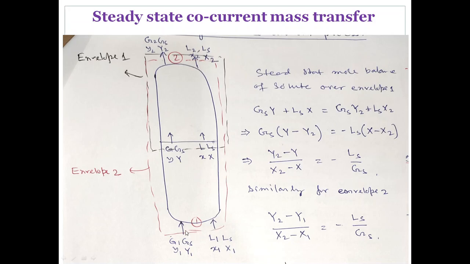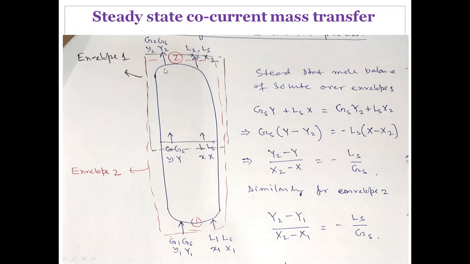Now let's take the same example, absorption of ammonia from gas phase to water. Water is one phase and air is the other, with 10% ammonia in the air entering. In the outgoing stream, if there is complete removal, then y2 will be 0.